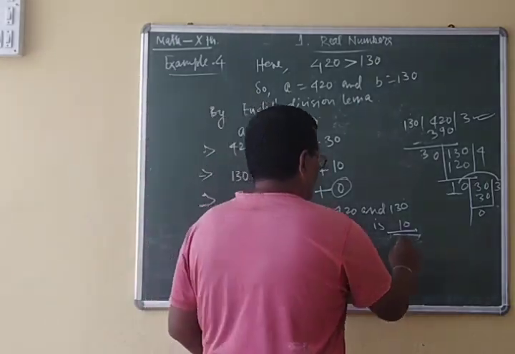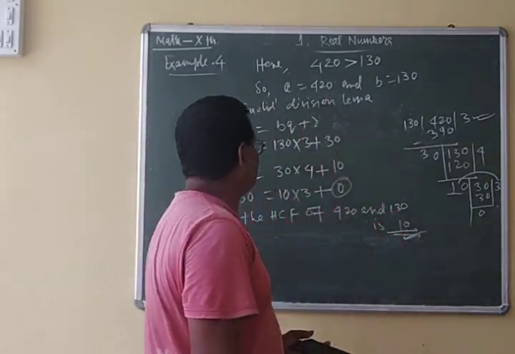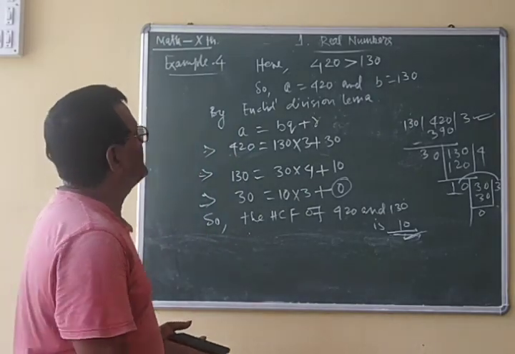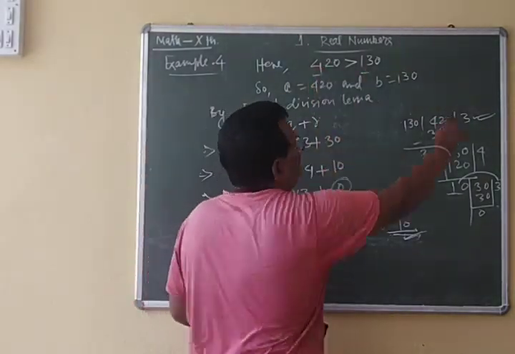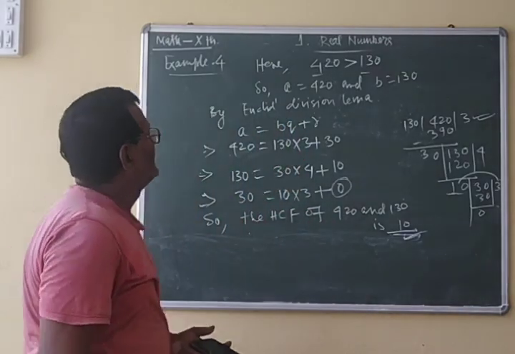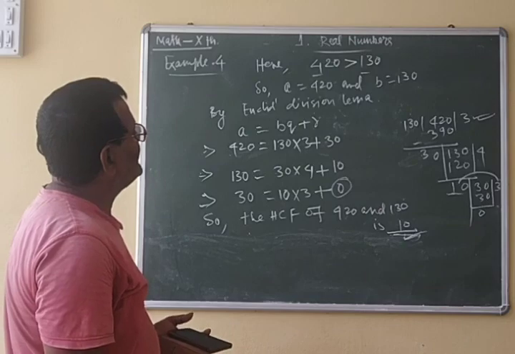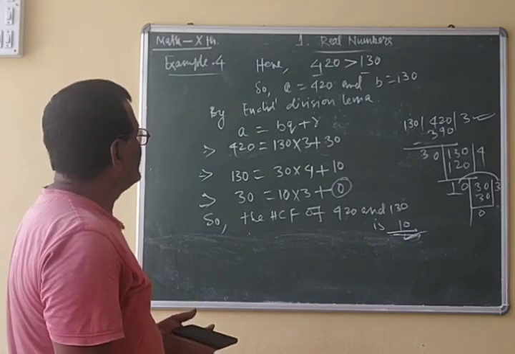This is your answer. Yes, we have to find the HCF of 420 and 130, because HCF is the common factor. So at first we find the HCF of 420 and 130 by Euclid's division lemma.